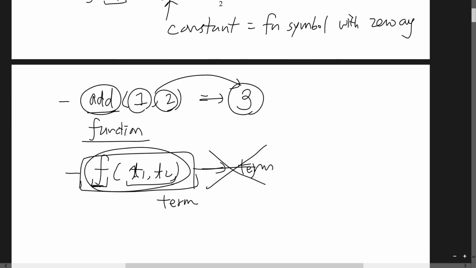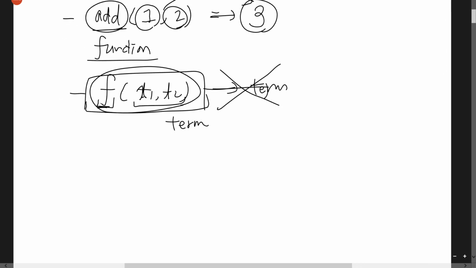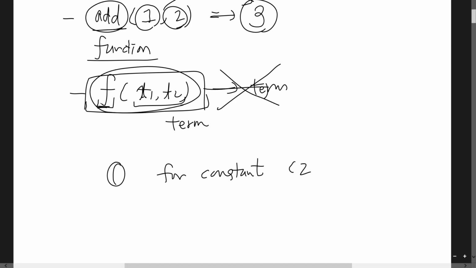So here's an example. Let's say we use this 0 symbol for a constant. The intention is we'd like to read this symbol as 0.